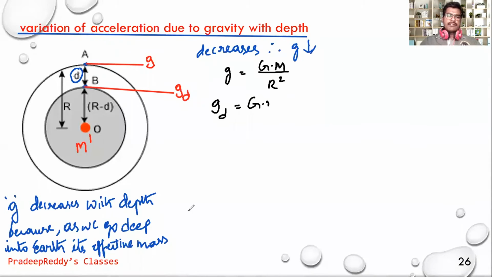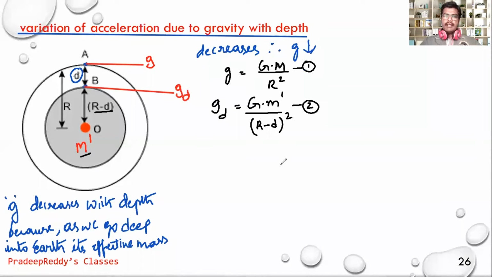M dash is the effective mass of the planet which you are considering at depth d. So it is G M dash divided by (R minus d) whole square, because the effective distance is R minus d. Effective mass is M dash. This is at depth d. Now let me take this as equation number 1. Let me take this as equation number 2.